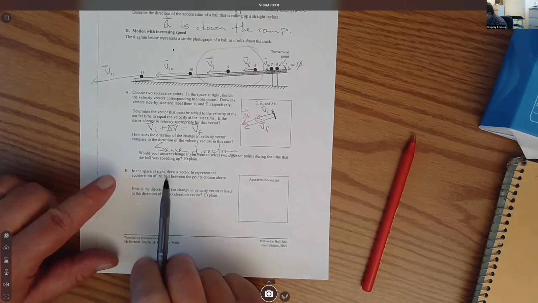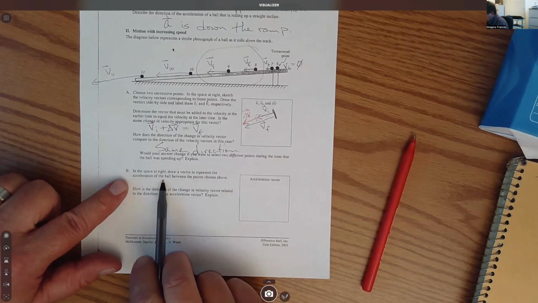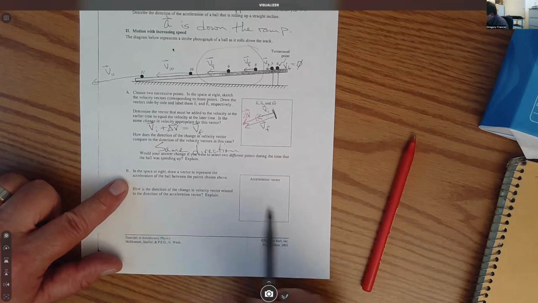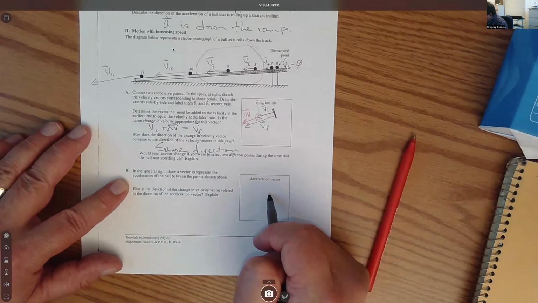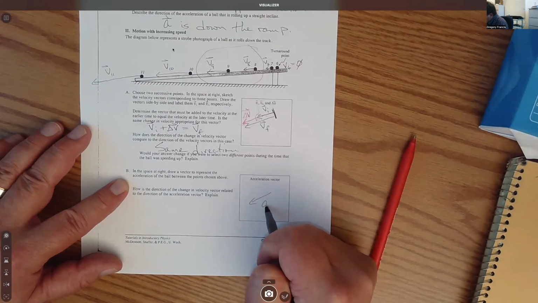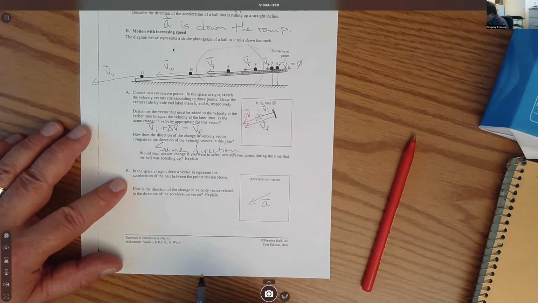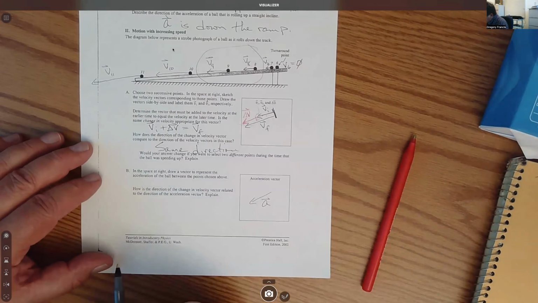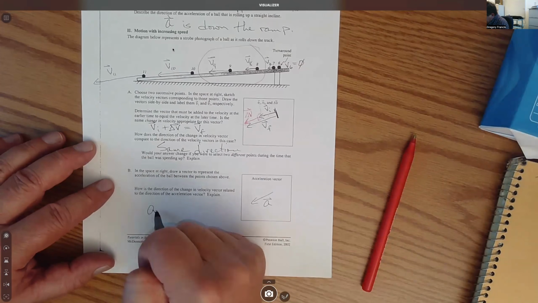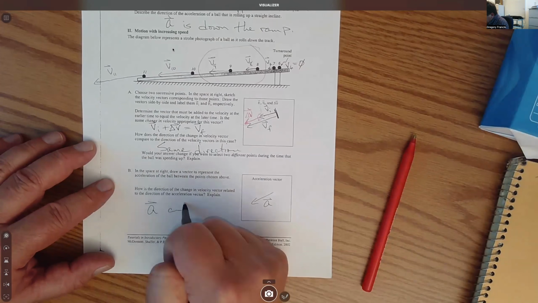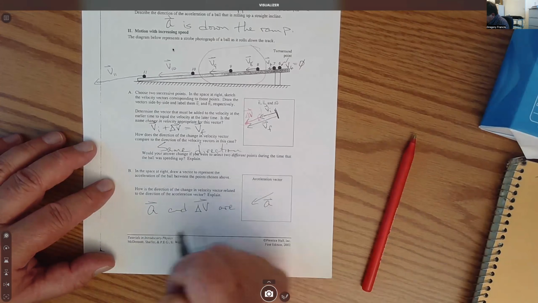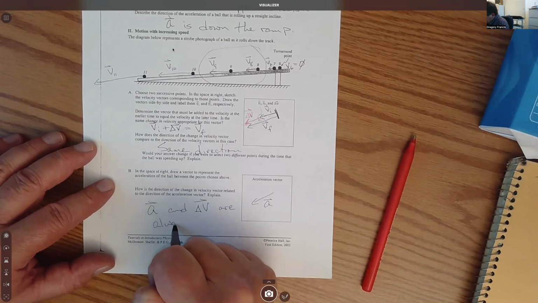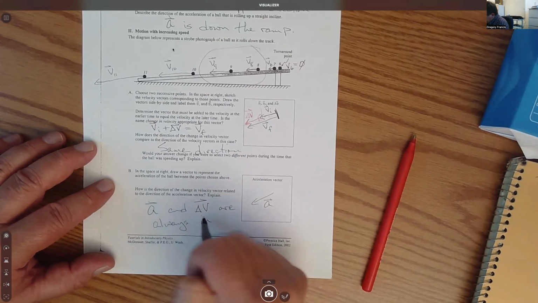In the space at the right, draw a vector to represent the acceleration of the ball between the points chosen above. Well, if the change in velocity vector is down the ramp, the acceleration vector must also be down the ramp. The acceleration vector and the change in velocity vector are always in the same direction.